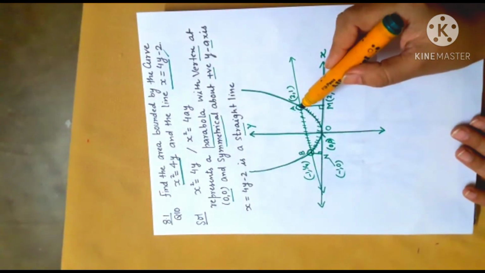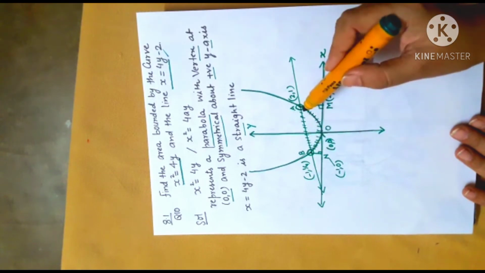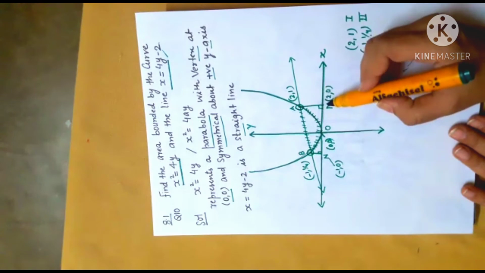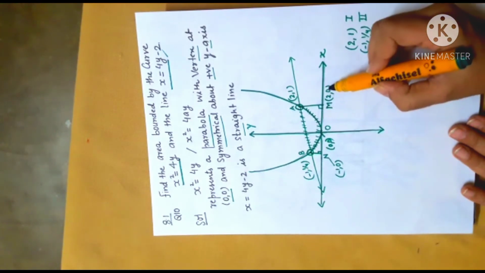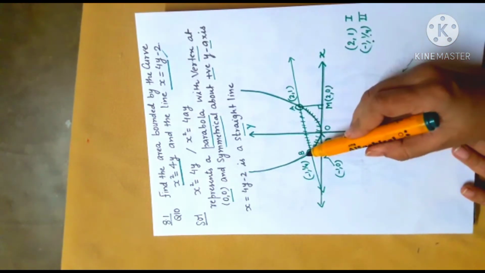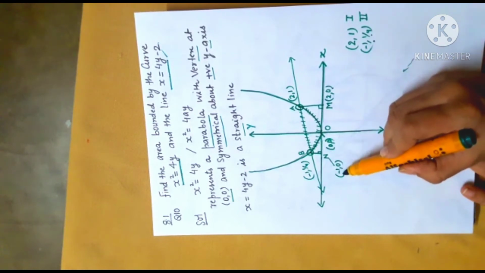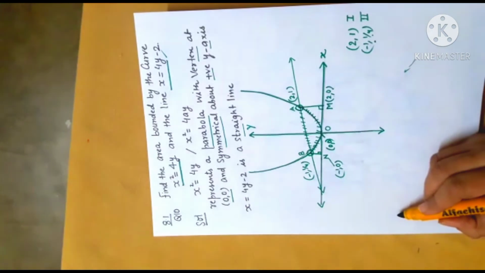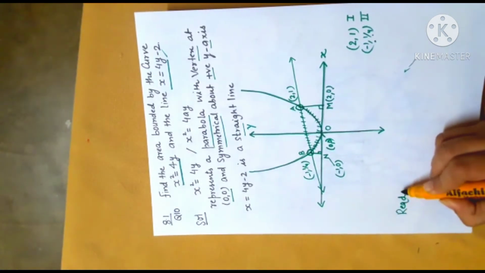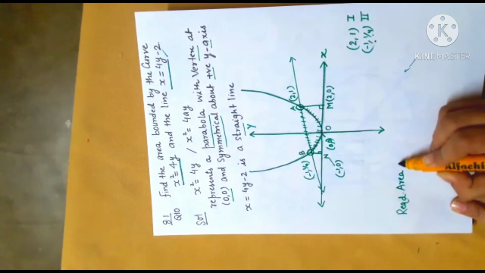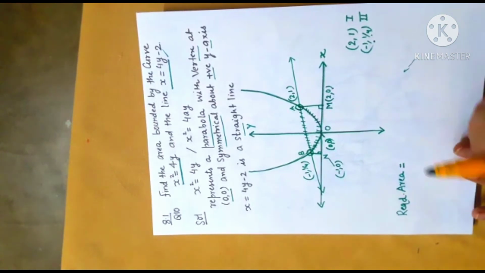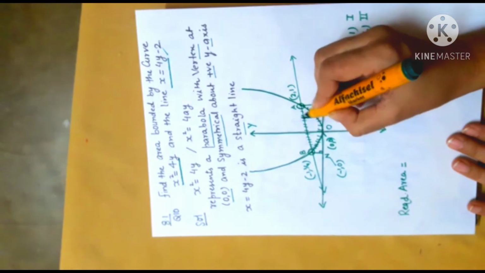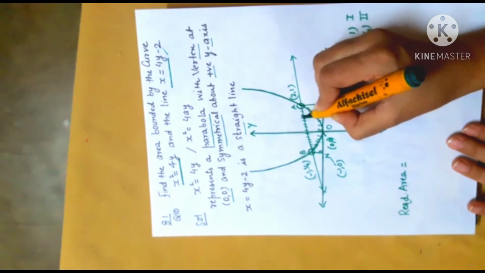First, I'll drop the perpendiculars from A and B. The perpendicular is AM and here it is BN. Now, the coordinates of the point M will be 2, 0, right? And the coordinates of the point N will be minus 1, 0, right? Now, to get the required area, I consider an elementary strip here.